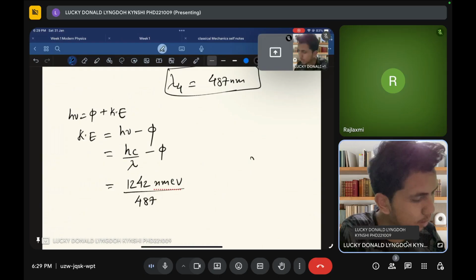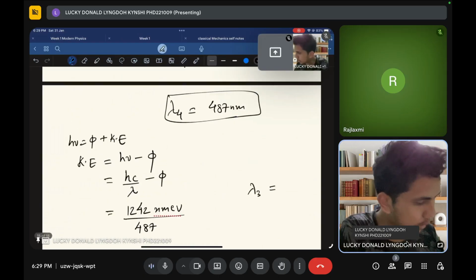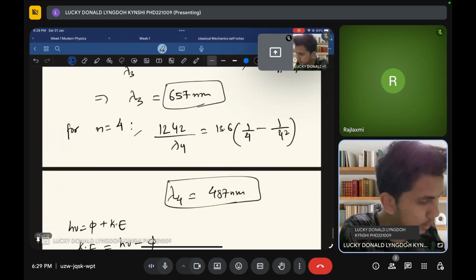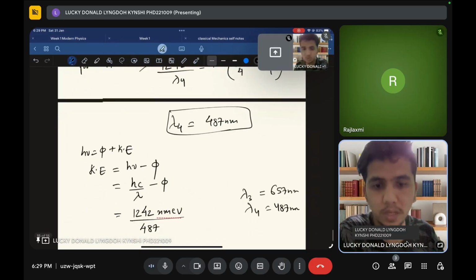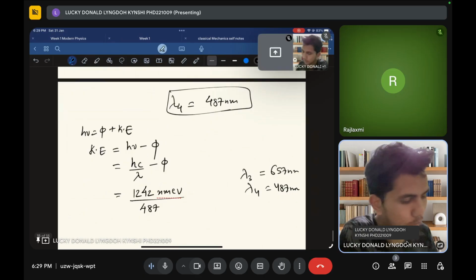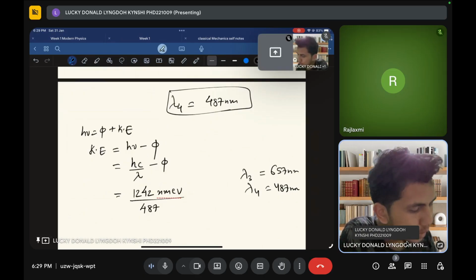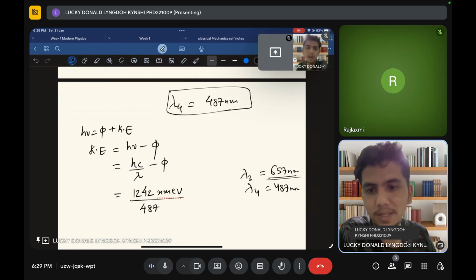There are two things: lambda 3, which is 657 nanometer, and lambda 4, which is equal to 487 nanometer. That is what you calculated in the first section, right? Lambda 3 and lambda 4. But at lambda 3, since the wavelength is higher, it will have less kinetic energy, correct?